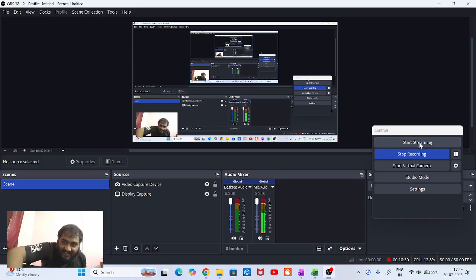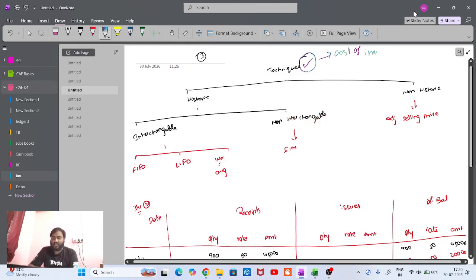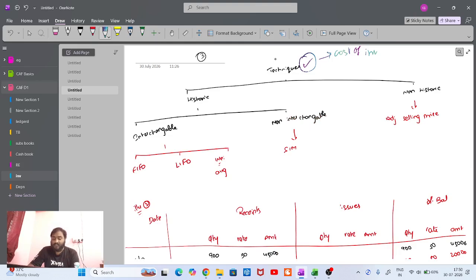So I hope you have understood what is the cost, what is NRV, and why we are using techniques even though we know the cost of inventory. These are the techniques we use for calculation of closing stock.